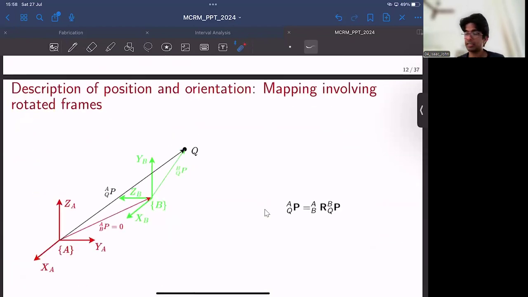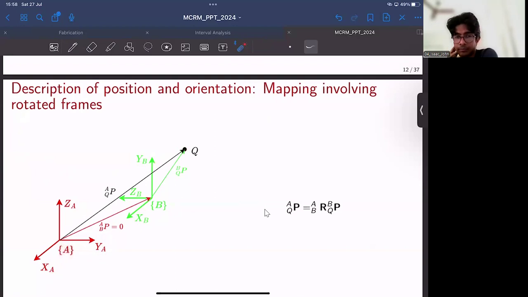But if they are not really oriented, for example, see here XA and XB are aligned, YA and YB are not actually aligned. It's a bit different. So then how would you describe the position of point Q with respect to frame A?